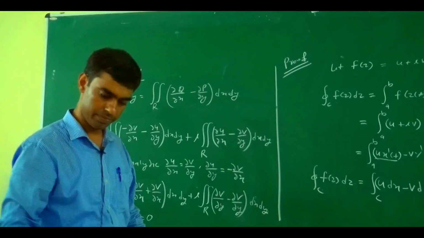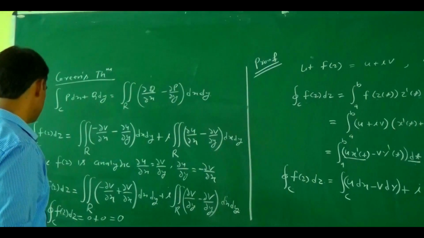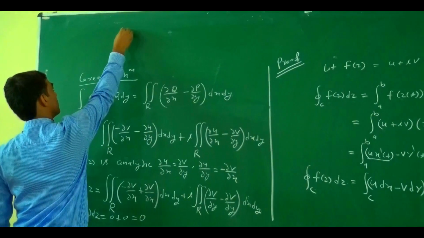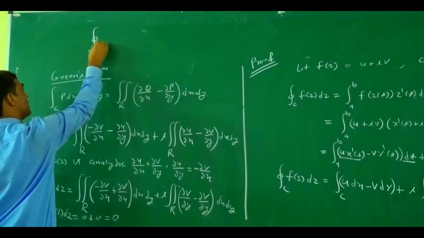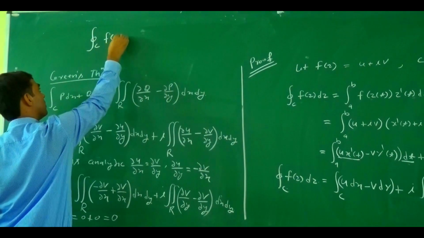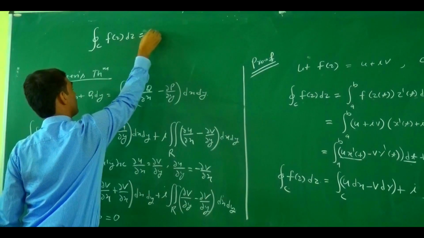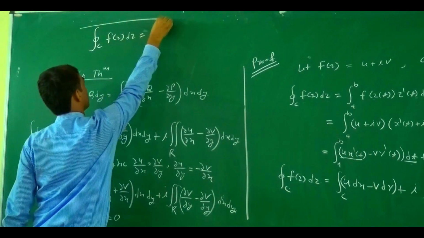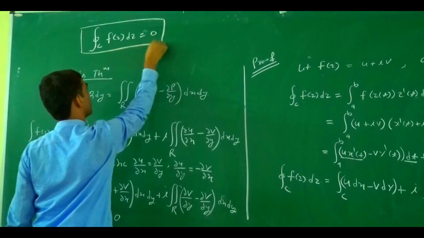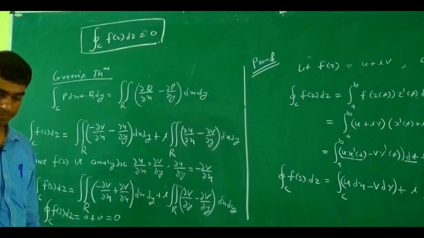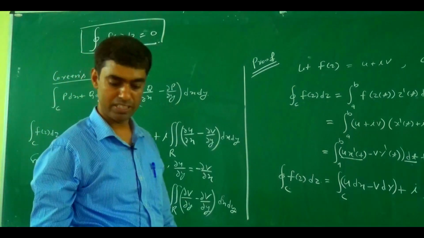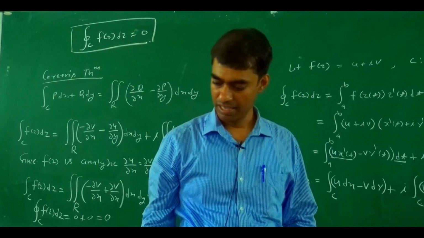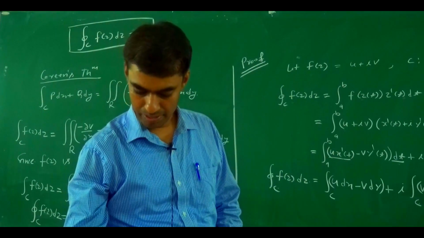Once again, the integral over C of f(z) dz equals 0. This is the Cauchy integral theorem. What is the meaning of this?